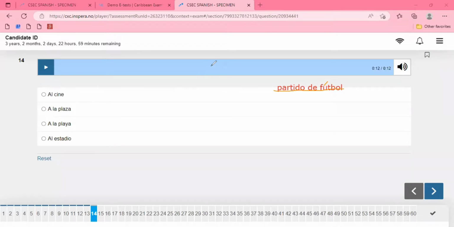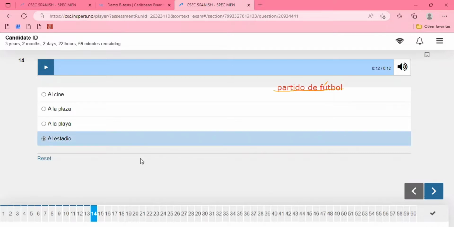So you hear football game, partido de fútbol, and we'd associate that with el estadio, the stadium. Other options would have been to the cinema or the theater, a la plaza, square or plaza, a la playa, to the beach. Of course, we selected al estadio, to the stadium.